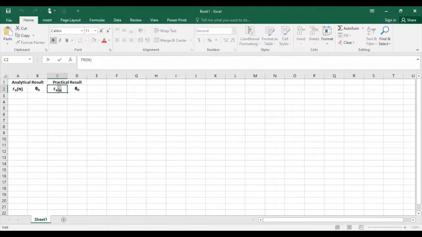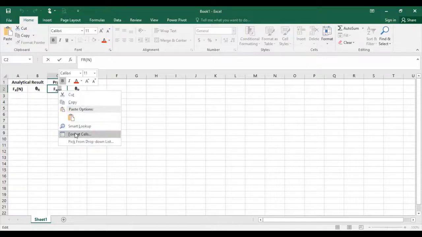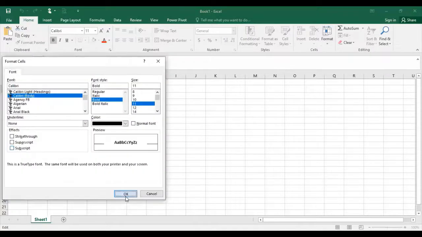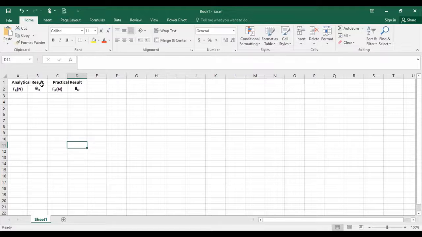Now it is again taking it as superscript, so let me go into format cells, and now it's done. Obviously theta R is in degrees, you know it.